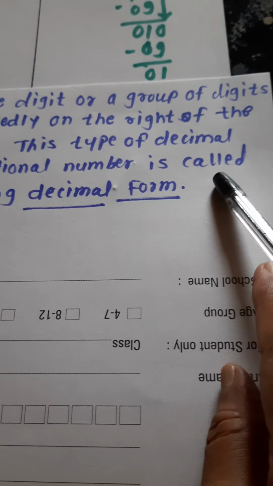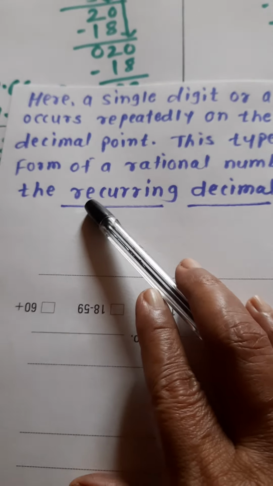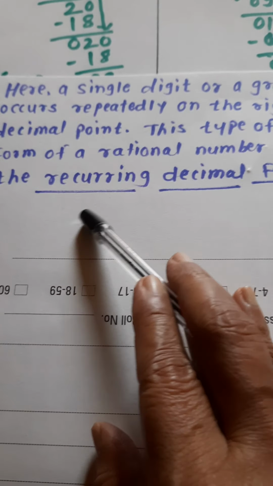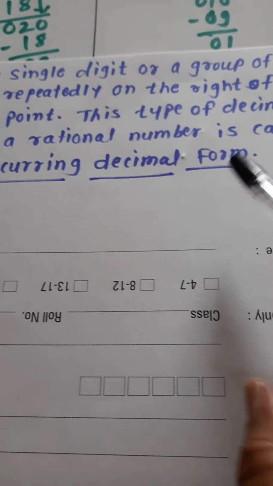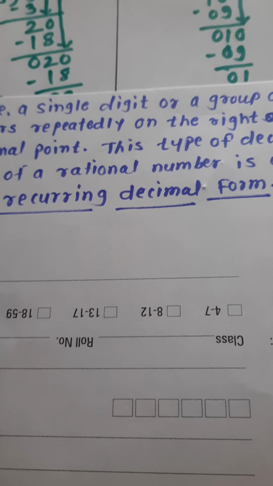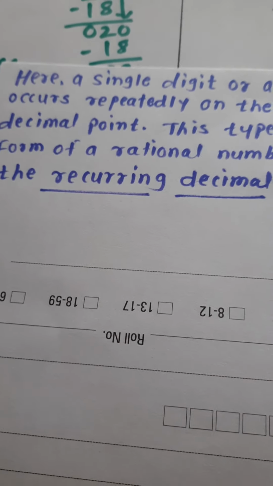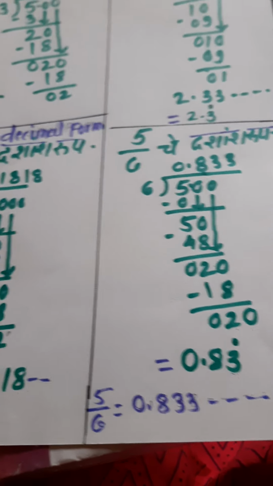This type of decimal form of a rational number is called recurring decimal form. The first is the terminating decimal form and the second one is the recurring decimal form. I think we have understood this.